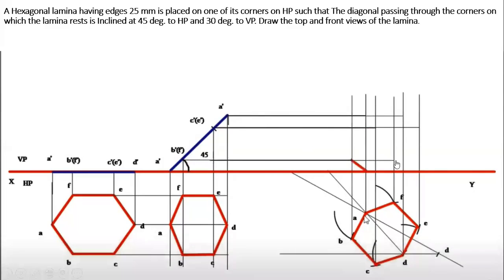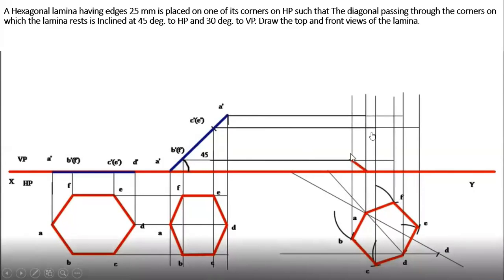Now use the visible line A to B, B to C, C to D, D to E, and E to F. Now name it as A dash, B dash, C dash, D dash, E dash, F dash.